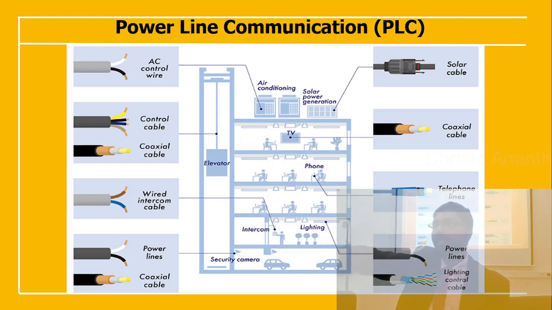Lighting, security cameras, and lighting control cable all use power lines. So for everything we'll have power line communication.